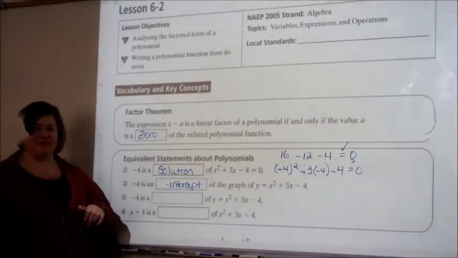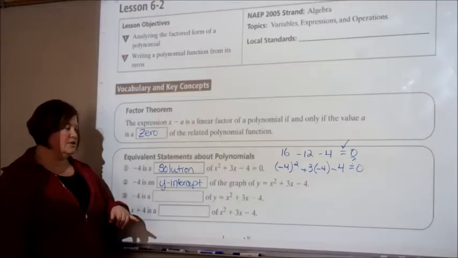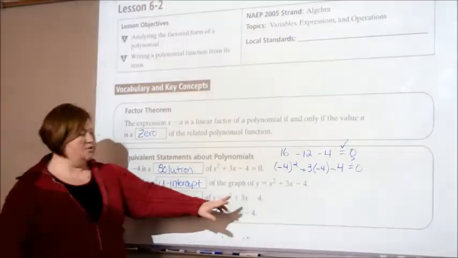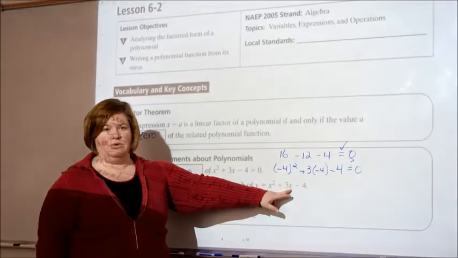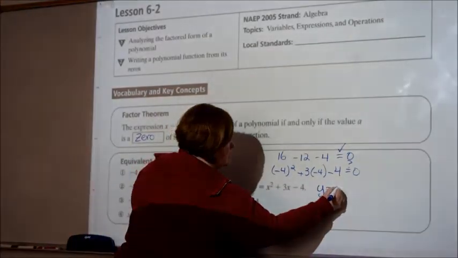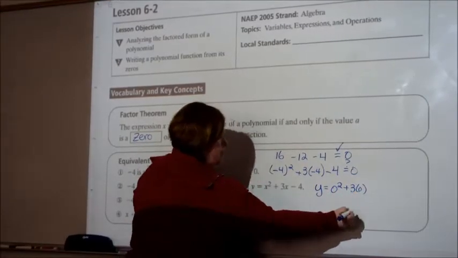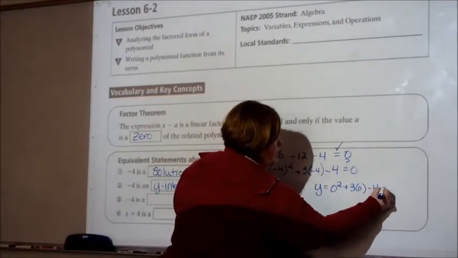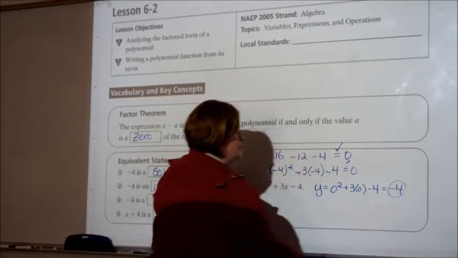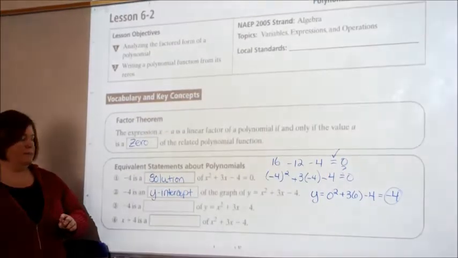Okay, so negative 4 is actually a y-intercept of the graph, because if we put a 0 in here for both of these x's, we would get y equals 0 squared plus 3 times 0 minus 4, which is equal to negative 4. So our y-intercept would be at negative 4.